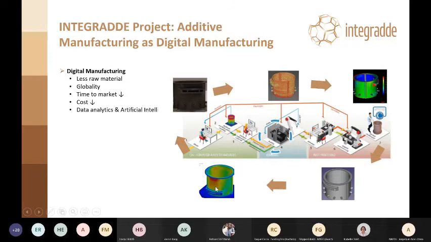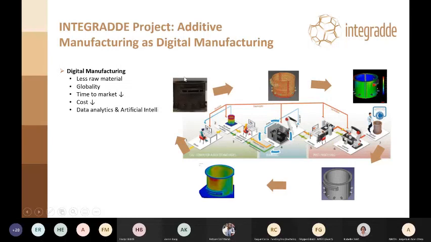You can see here that in this place there is an accumulation of distortions. You must take that into account to maybe redesign the component to produce the final component by LMD powder in this case.